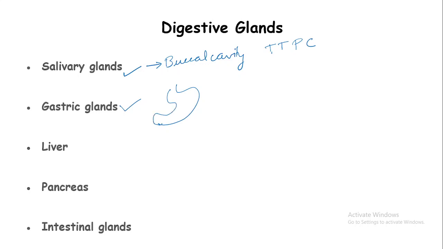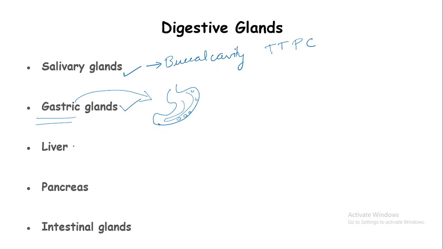Remember, whenever we talk about the glands in the alimentary canal, they are all present in the submucosa and the mucosa region histologically. So gastric glands are also present in the submucosa and mucosa regions of the stomach only. That's why the term gastric is given. The term gastric refers to the stomach.